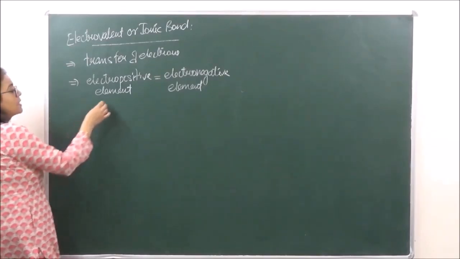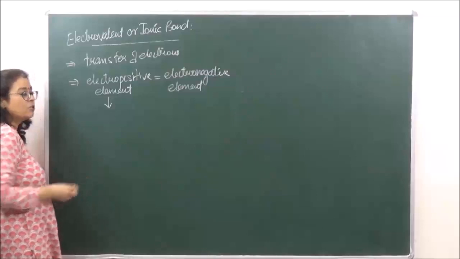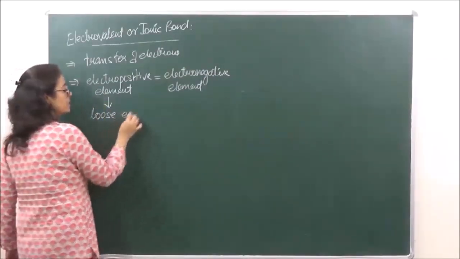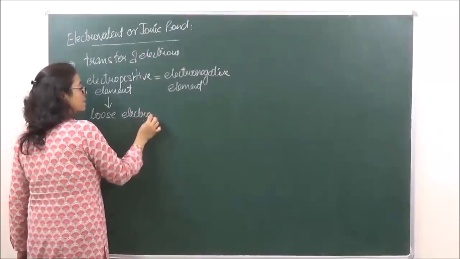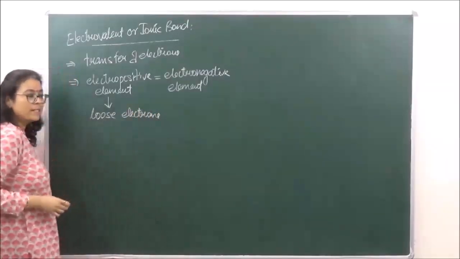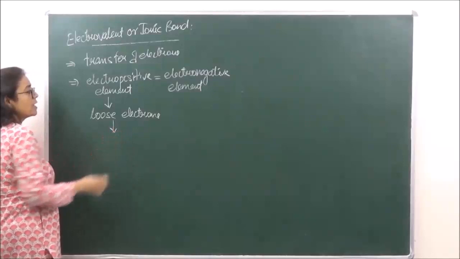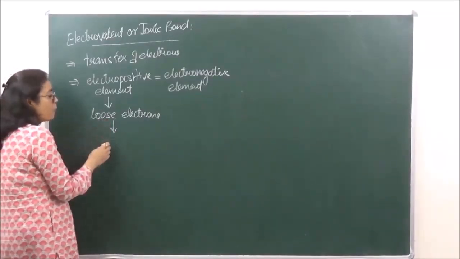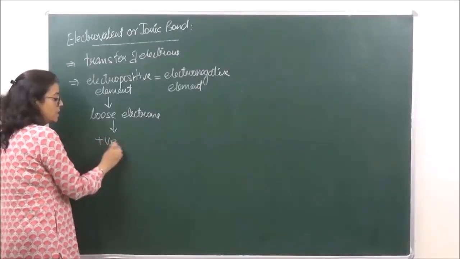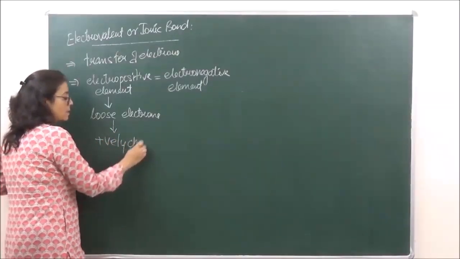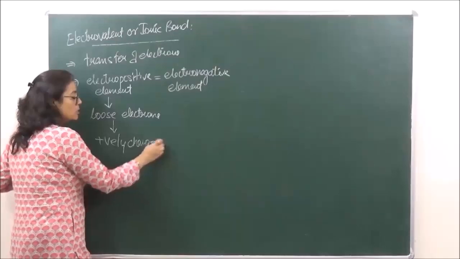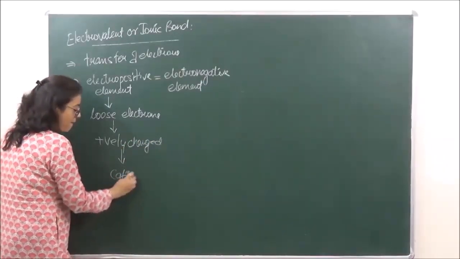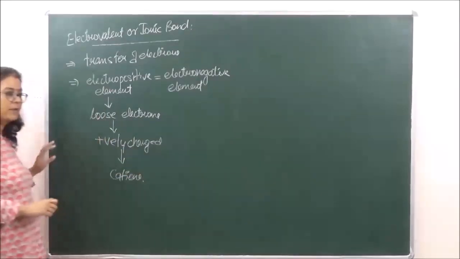An electropositive element has a tendency to lose electrons in order to complete its octet, and when such elements lose electrons, they form positively charged ions, and these positively charged ions are known as cations, right?